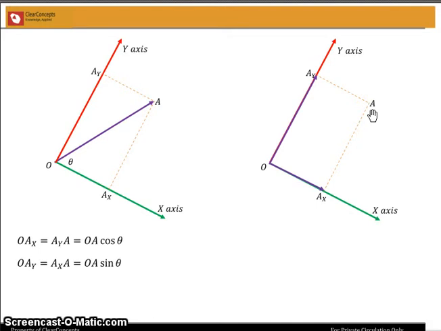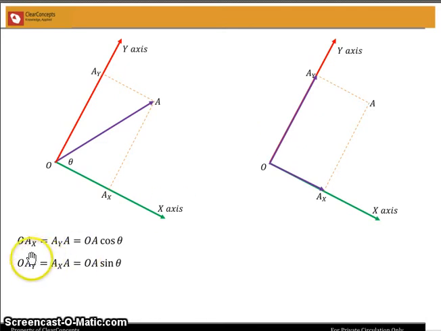And therefore again we get that the rectangle OAXAAY is a unique rectangle. It is easy to see from the two figures that they are the same rectangle also.